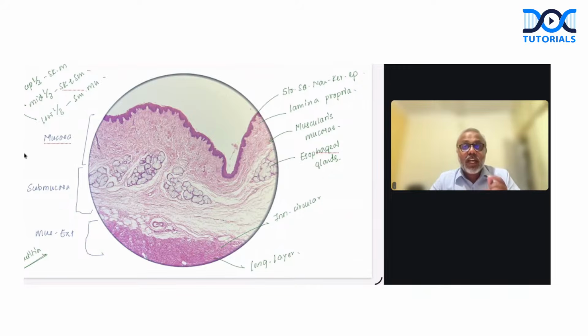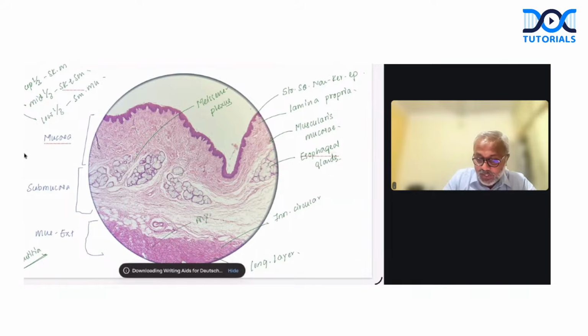Right? Now, if peristalsis has to occur, there should be nerve supply. Now, how are nerves innervating these muscles? Remember, the nerves are present in the layers of the GIT by means of two plexus. Within the submucosa, we have something called as the Meissner plexus, also called as the submucosal plexus. Whereas here we have something referred to as the myenteric plexus or the Auerbach plexus.